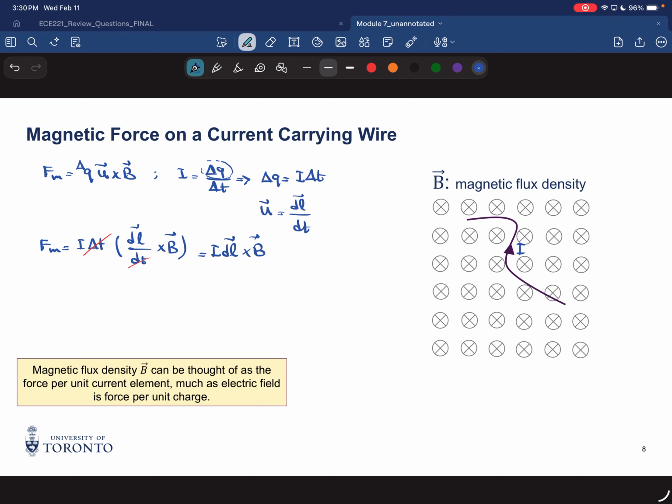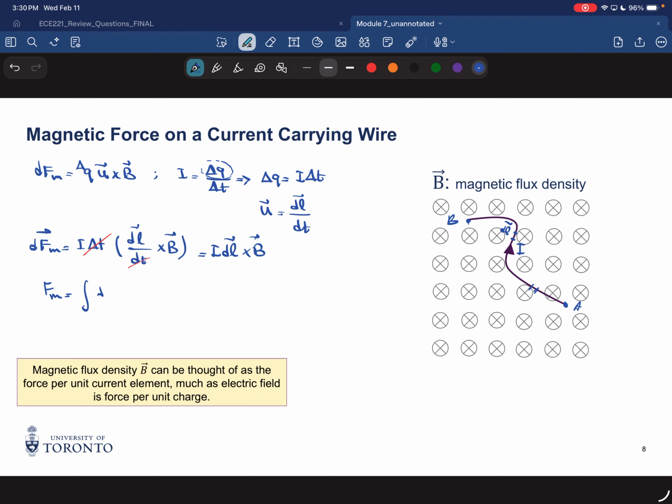dl cross B. So if I had just dl here, I dl cross B. If it was here, I dl cross B, right? So if I wanted to see from point A to point B what the total magnetic force was, this is like a dFm, a small portion of it.